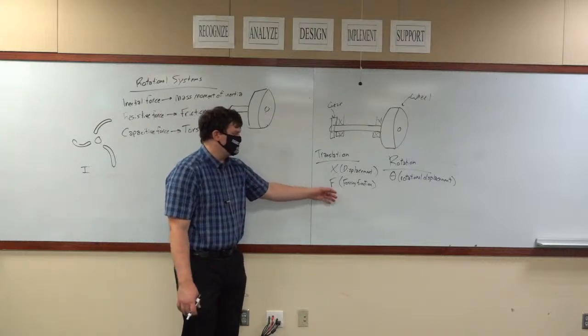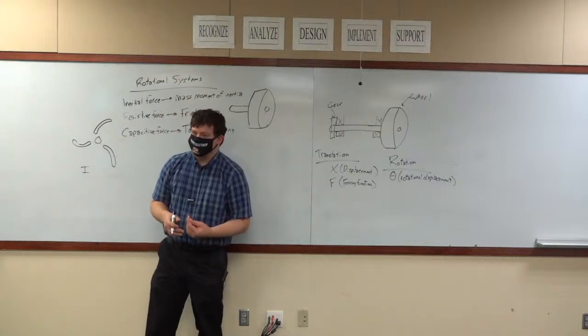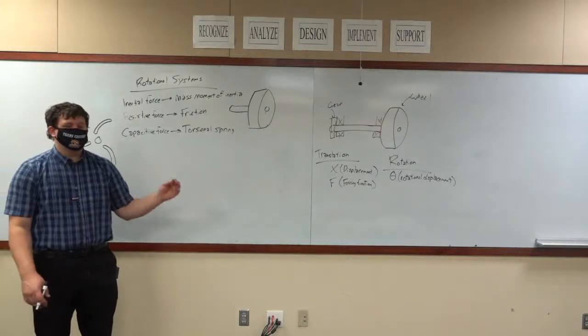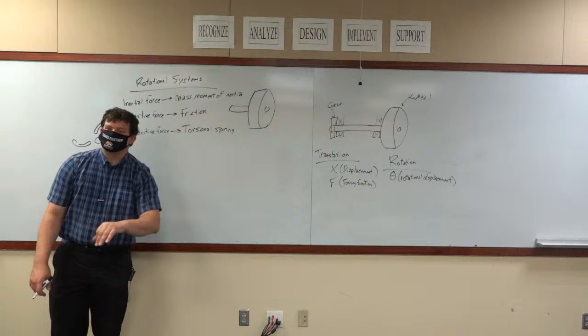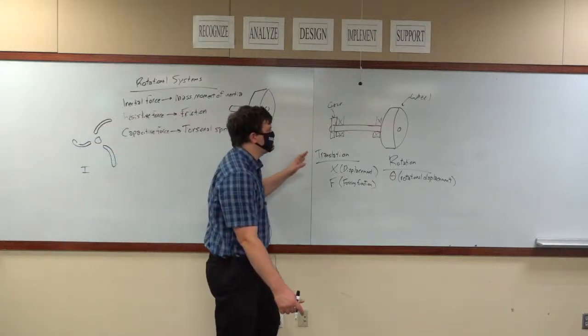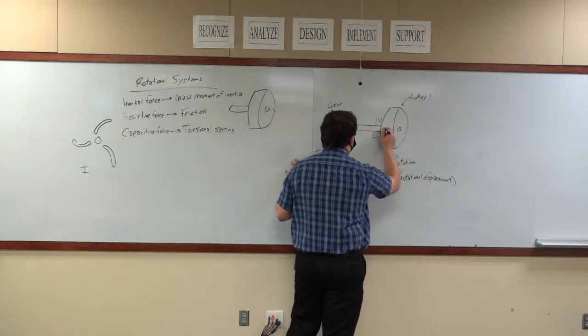For the forcing function, instead of doing this, we're now dealing with moments. Although in this system specifically, we're talking about moments that are acting about the center axis of rotation of the system. In order for this to be a rotation system, it has to have some central axis.